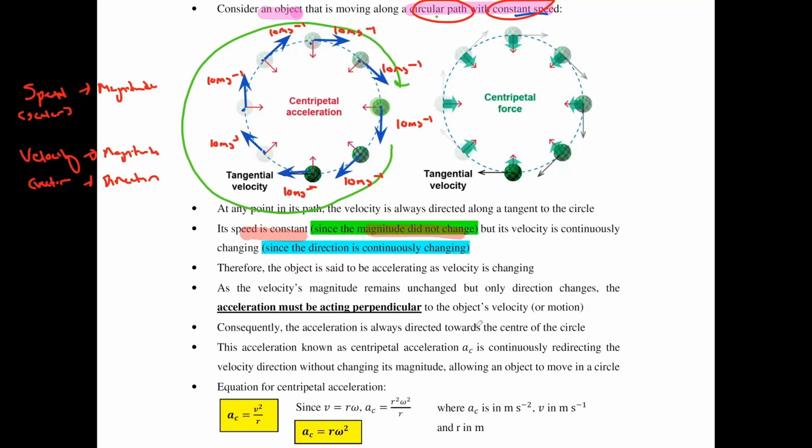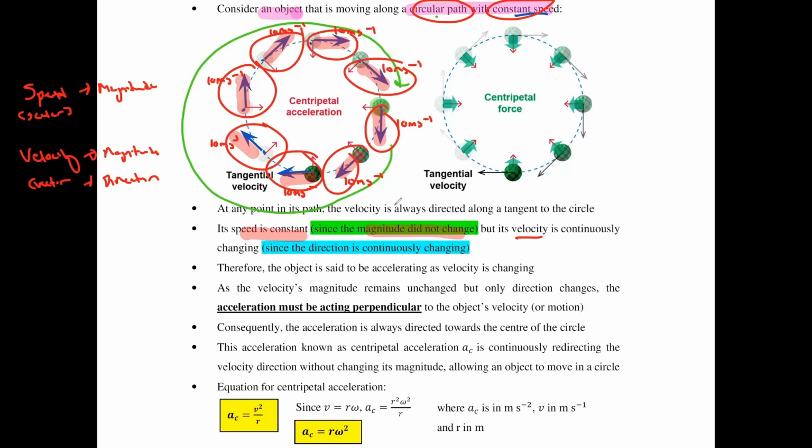So when something moves in a circular motion, it is correct to say that your speed is constant because the magnitude never changed. But we cannot say that the velocity is constant because you notice that the direction of your velocity is continuously changing. You see, this is the direction of your velocity at the different points. So velocity here is actually continuously changing.